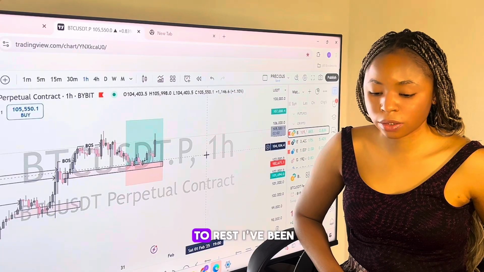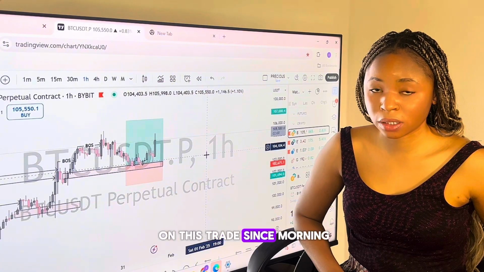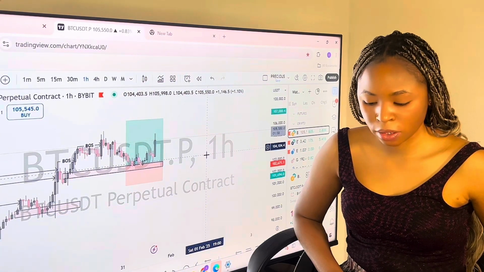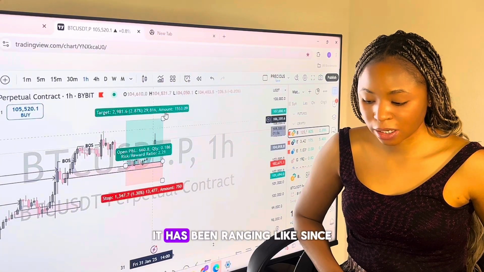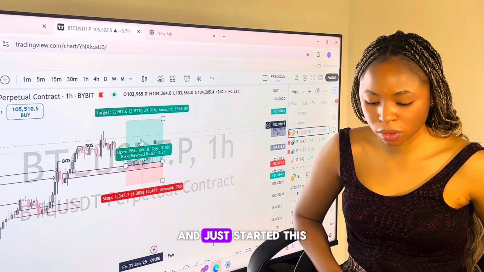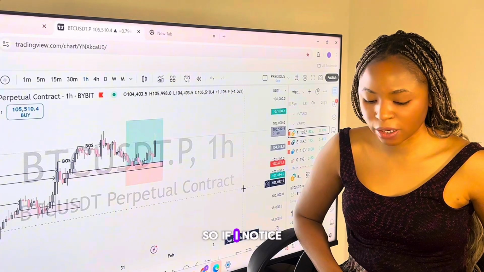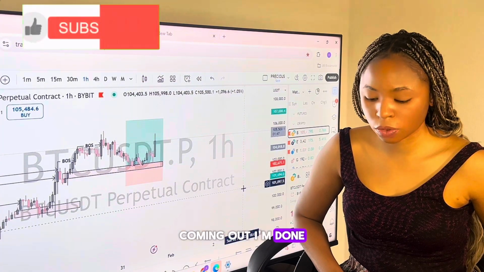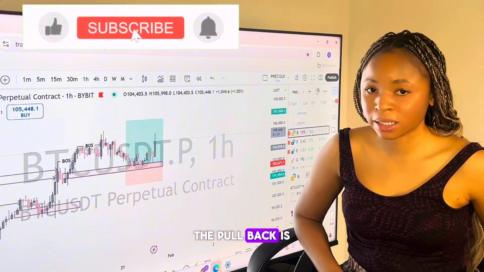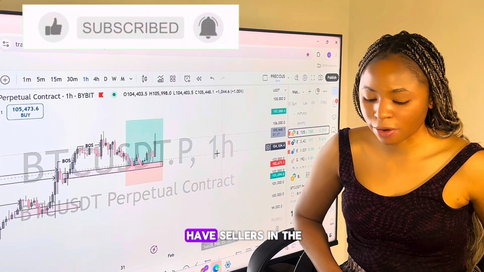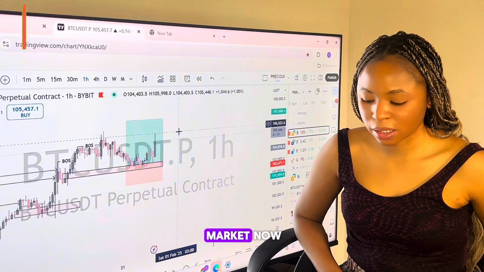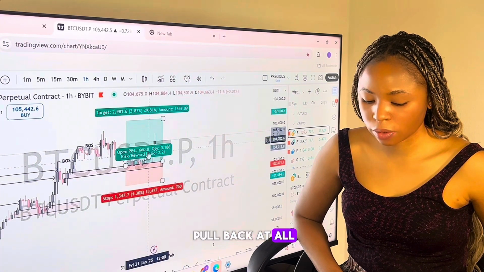I think I need rest. I've been on this trade since morning and it has been ranging since then, and it just started this impulsive movement now. So if I notice any bearish candle coming out, I'm done. I think we have sellers in the market now. I don't like this pullback at all.